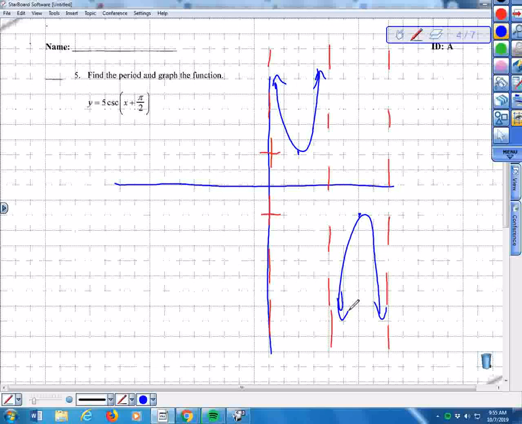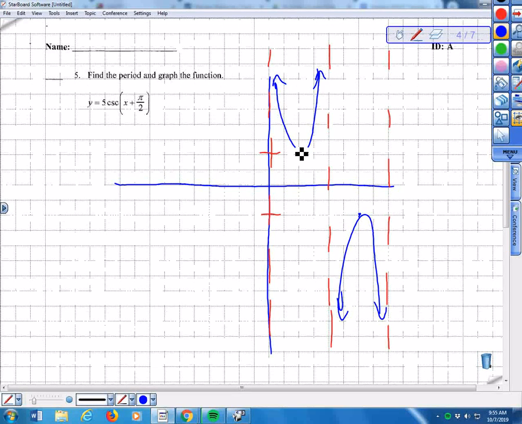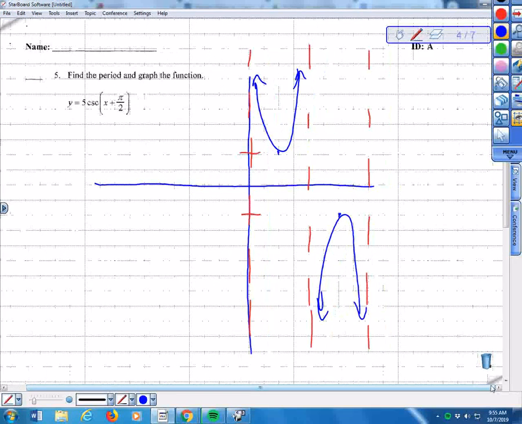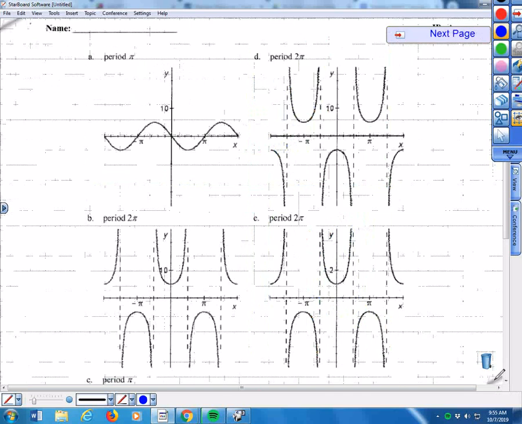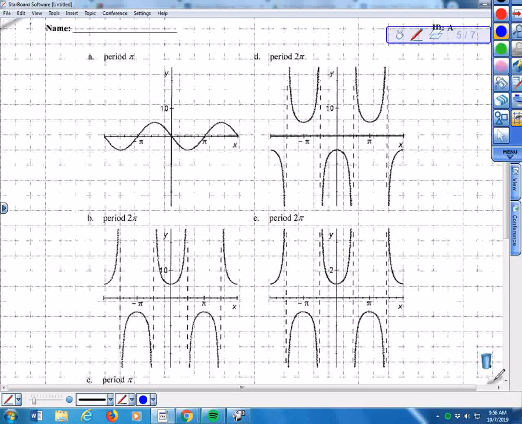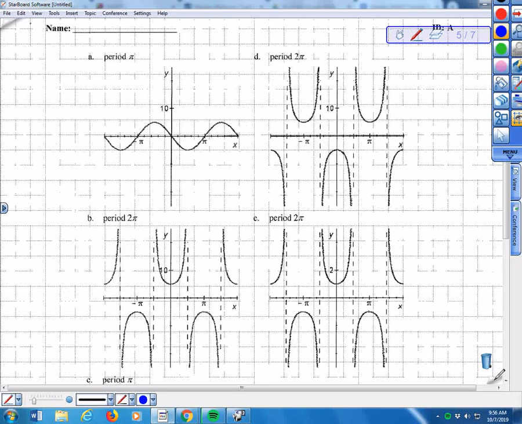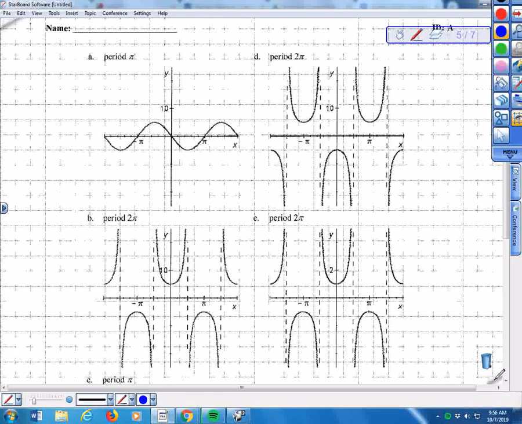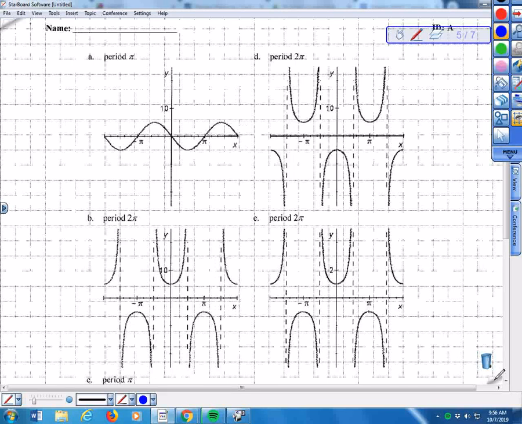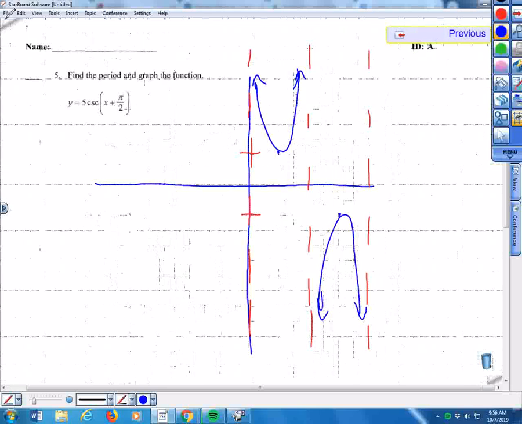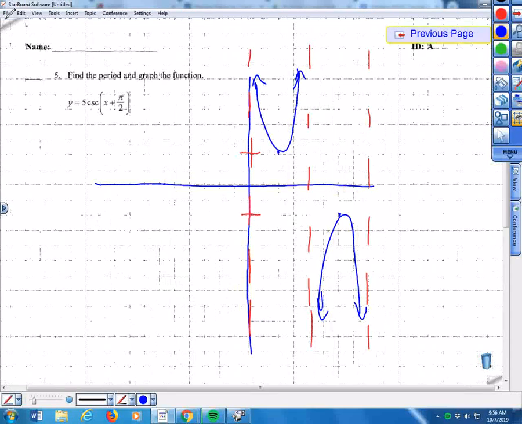Okay, but the 5 really doesn't matter. That just means this point's 5 now. So let's just take a look and see if we have any. Do they all start at 5? No. That one starts at 1. This one, yes. This one, yes. So I've eliminated this one just by the amplitude. So now I can look at these two. That one moved the wrong way. D, so it's going to move left pi over 2.